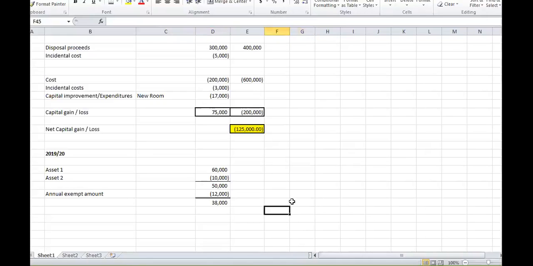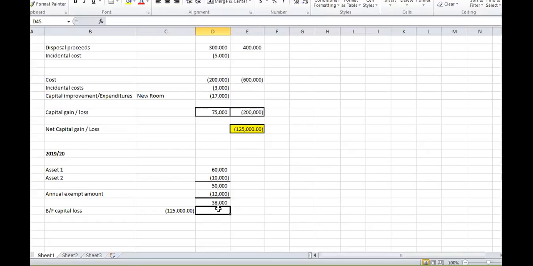Over here, we can deduct our brought forward capital loss. You can see we have brought forward capital loss. We have brought forward capital loss of 125,000 pounds. This one. So please remember, your capital loss will never be wasted.